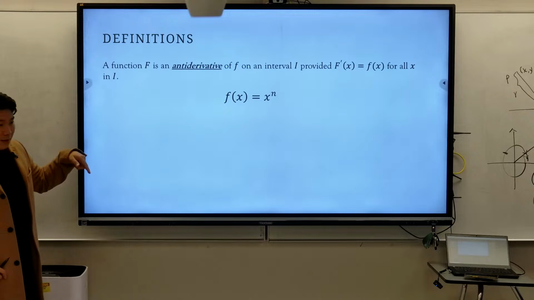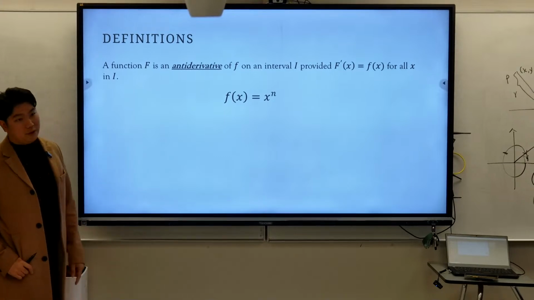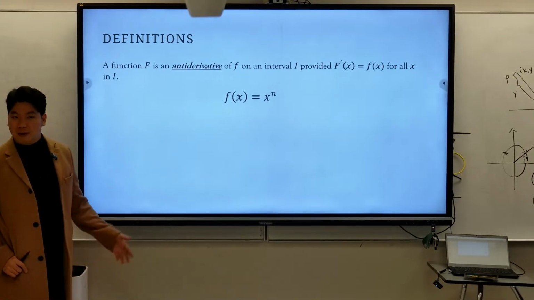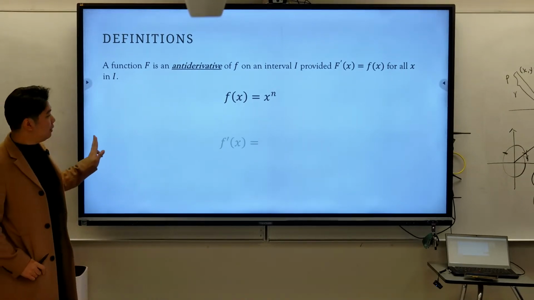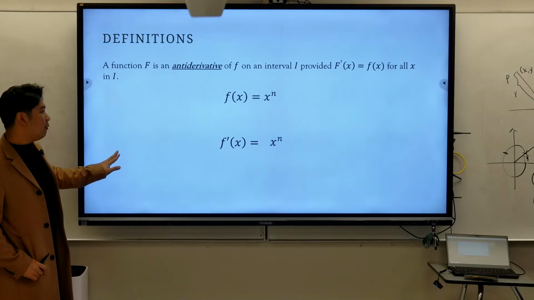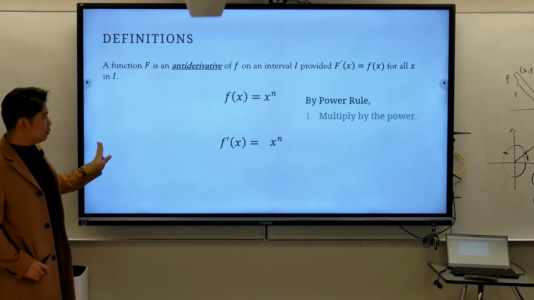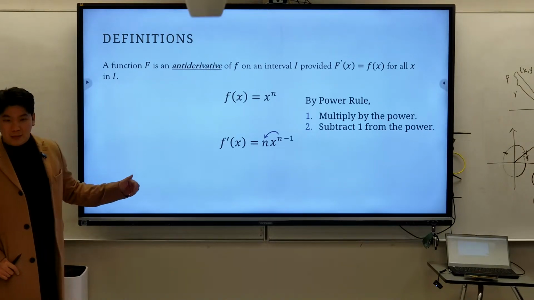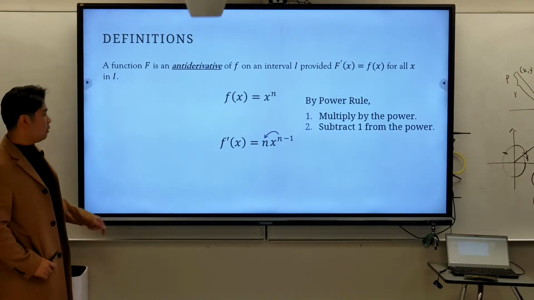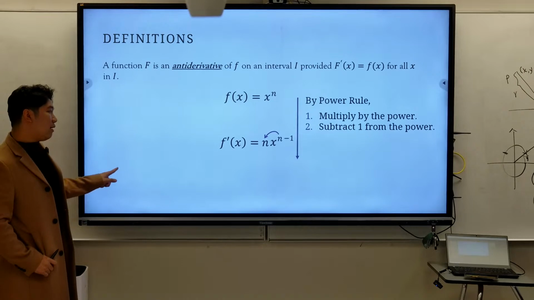So we've already done this last time. If I have the function x to the n power, we know the derivative through power rule is bring down the power, reduce the power by 1. By power rule, multiply by the power, subtract 1 from the power. This is what we're used to. That's me going down.